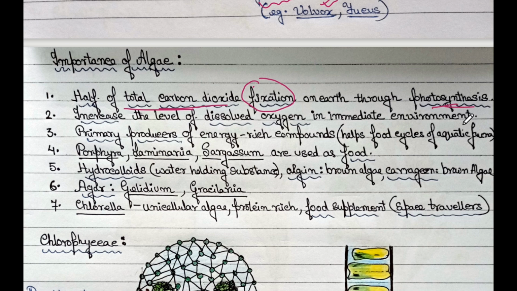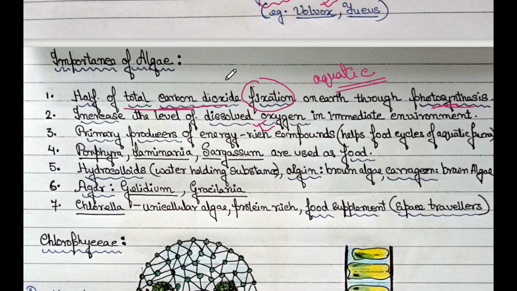Through photosynthesis. Since it undergoes photosynthesis, it will obviously increase the amount of dissolved oxygen in the immediate environment. Why are we saying dissolved oxygen? Because algae is mostly present in aquatic systems. Here oxygen remains in its dissolved state.